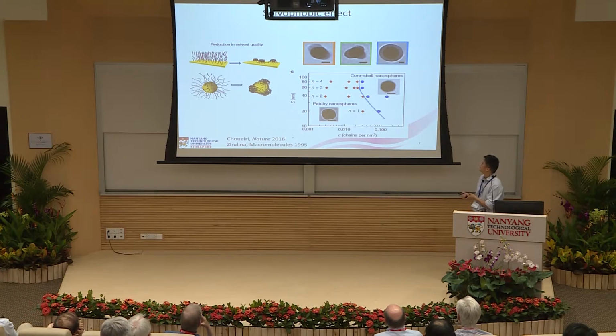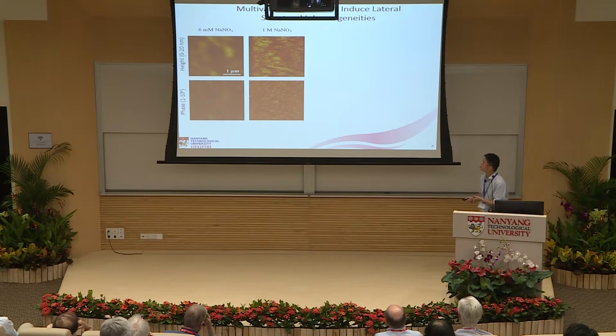And if we look at the grafting density of our system, we should have this uniform layer structure. But when we look at the reflectivity data, we are in this micellar-like structure. So we wonder what is the real structure we have.